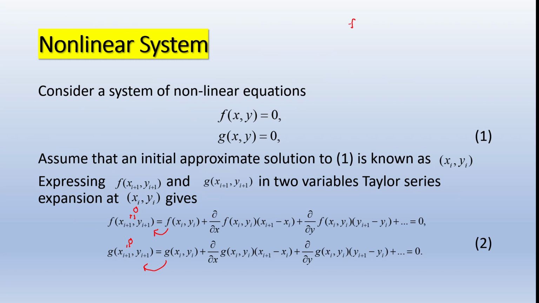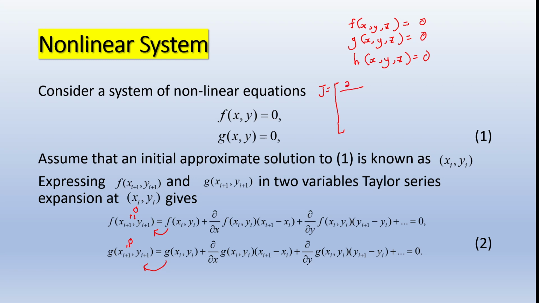You may have three nonlinear equations, such as f(x, y, z) equal to 0, g(x, y, z) equal to 0, and h(x, y, z) equal to 0. Then the Jacobian will be a 3 by 3 matrix.